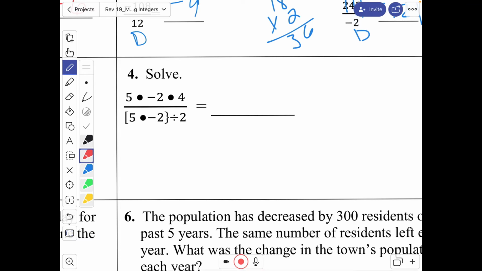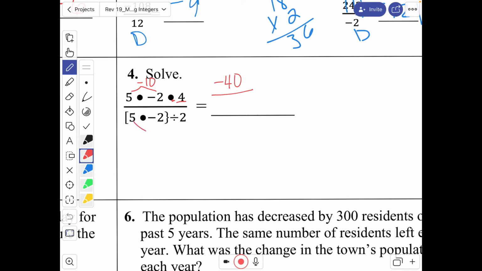Number 4, we're going to solve that one. So first we're going to do what's on top. I'm going to take it 2 numbers at a time. So 5 times negative 2 makes negative 10. Negative 10 times 4 makes negative 40. So that's what's on top, negative 40.